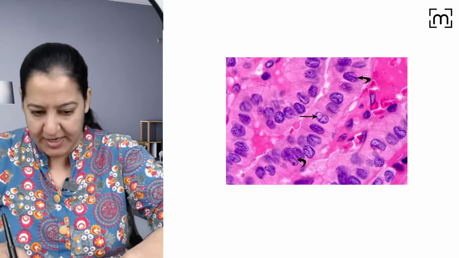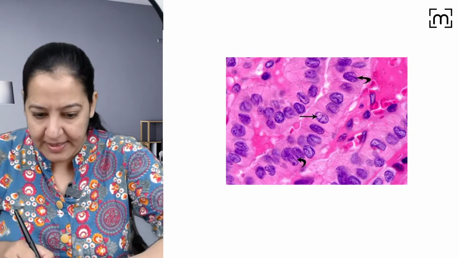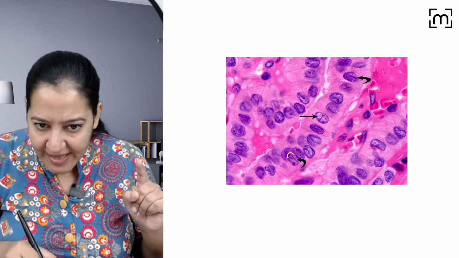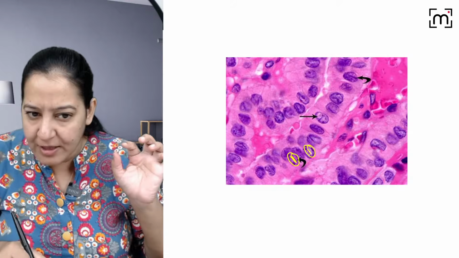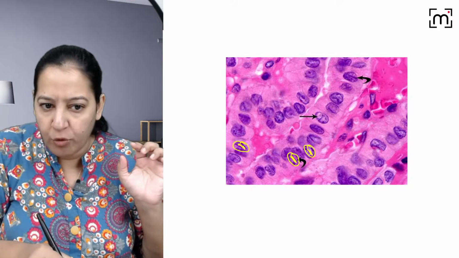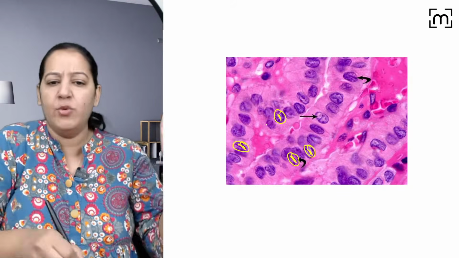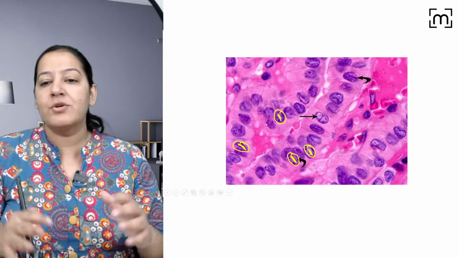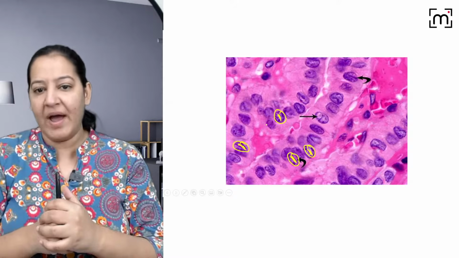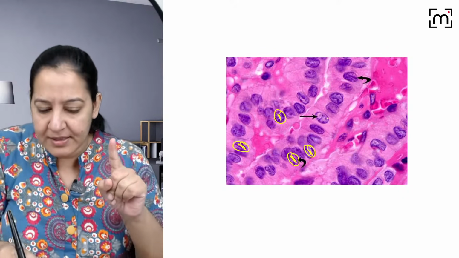Can you see? Okay, I will help you in that. If you see this nucleus, if you zoom out, you can see there is a groove here. See this nucleus, there is a groove here. There are many nuclei here showing the groove. Give me a thumbs up. So these are the grooves, right? Apart from grooves, can you see this in this nucleus?